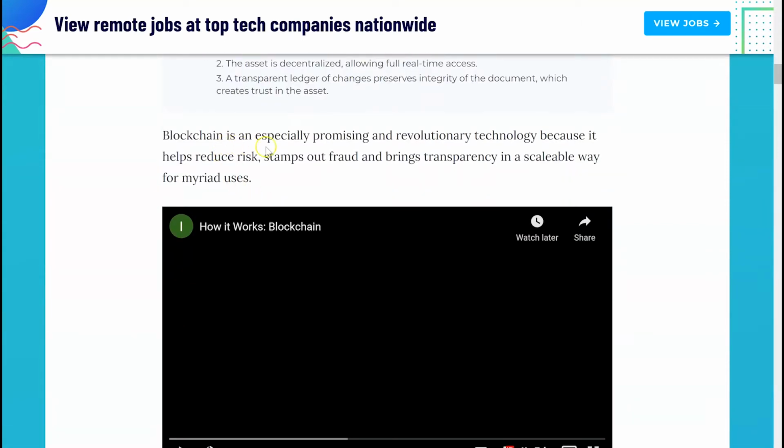Blockchain is an especially promising and revolutionary technology because it helps to reduce risk, stamps out fraud, and brings transparency in a scalable way for myriad users.